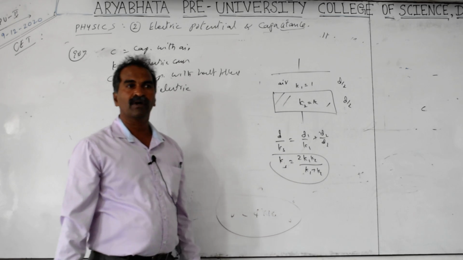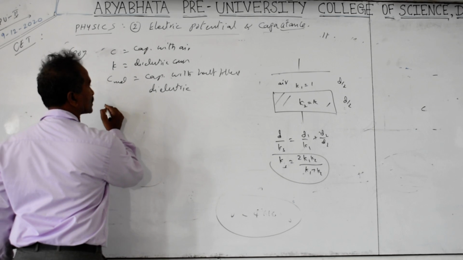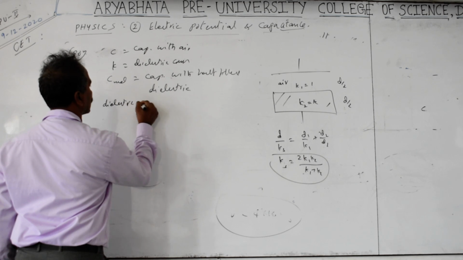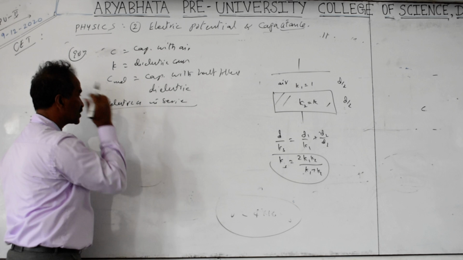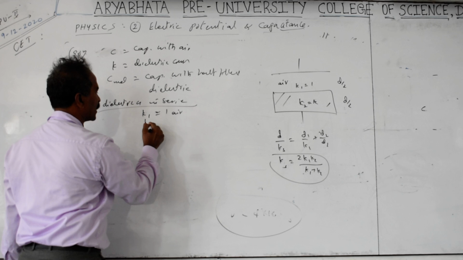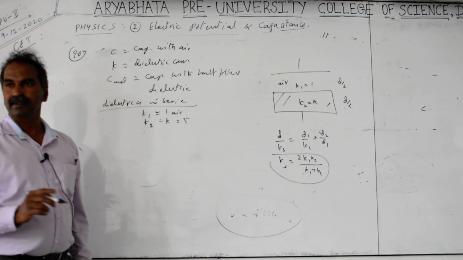That is the formula we have for series combination. So if you look at the diagram, the dielectrics are in series combination. We are taking K1 as 1, approximately air, and K2 is K equal to 5, as they mentioned.